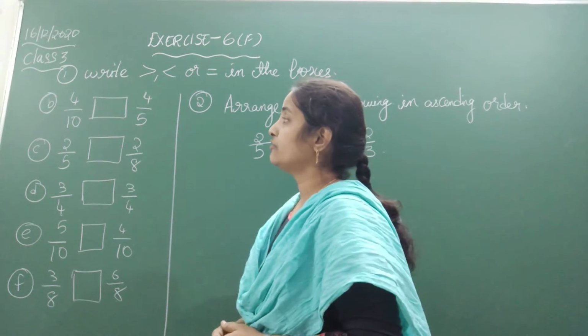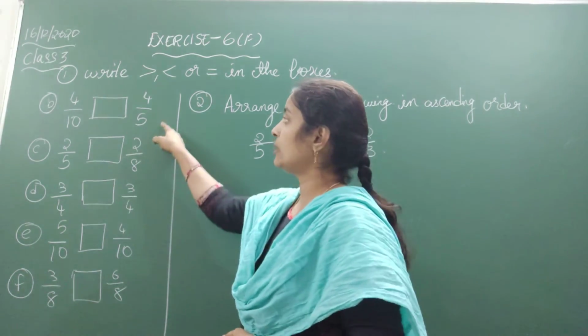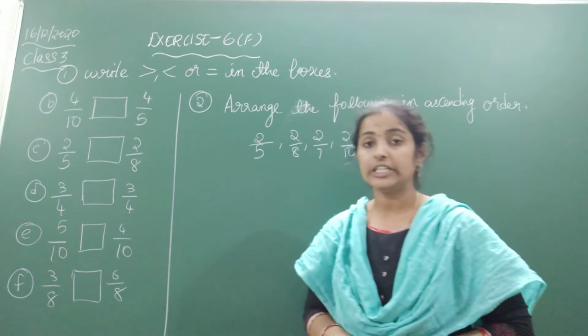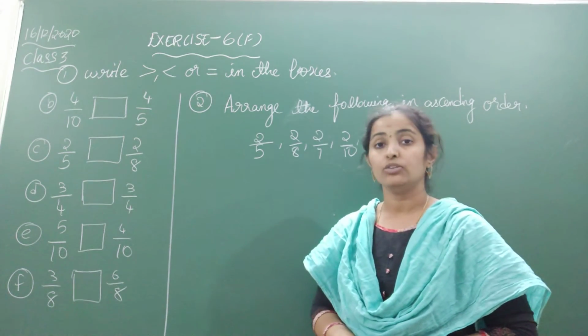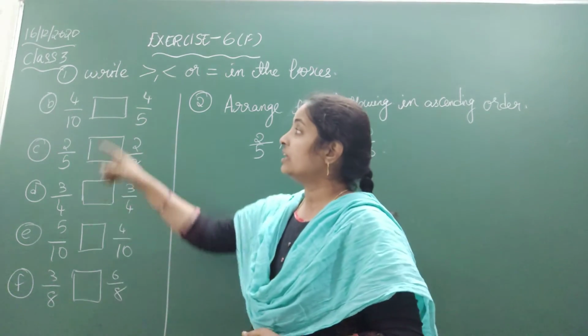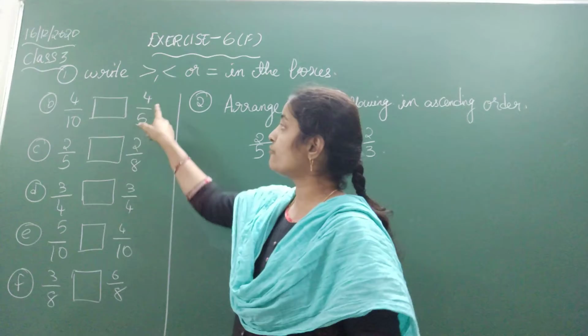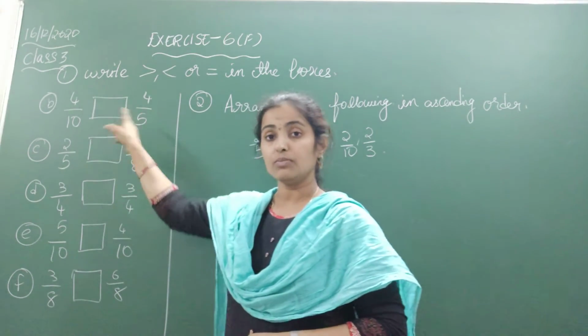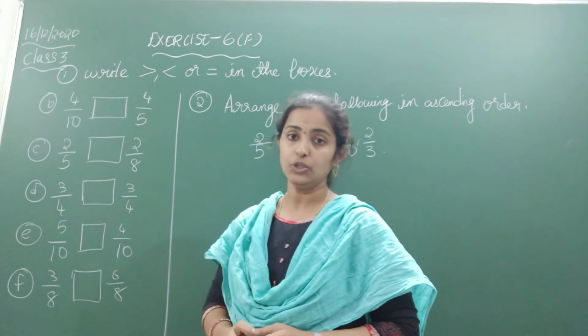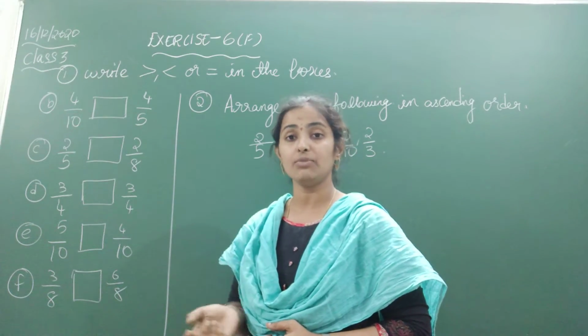What is given there? 4 upon 10 and 4 upon 5. Here you can see the numerator is 4 in both, isn't it? That means we have the same numerator.